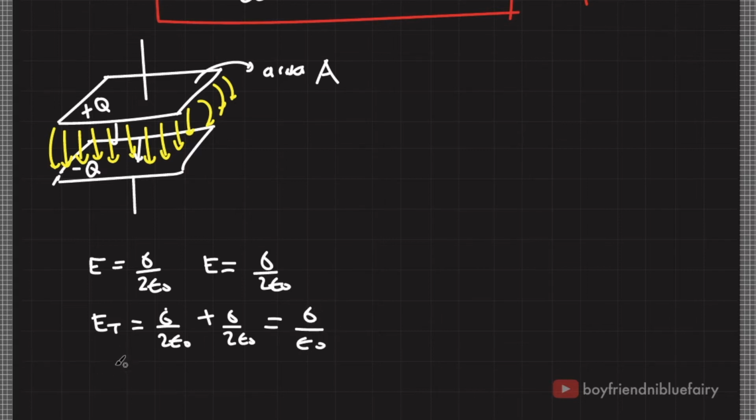And if I try to expand sigma over epsilon naught, recall that this is a surface charge, so this is actually equal to Q over A. Now, also from our previous videos, potential difference V sub AB can be rewritten in terms of electric field.